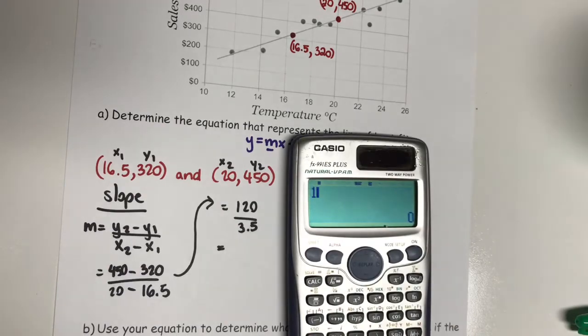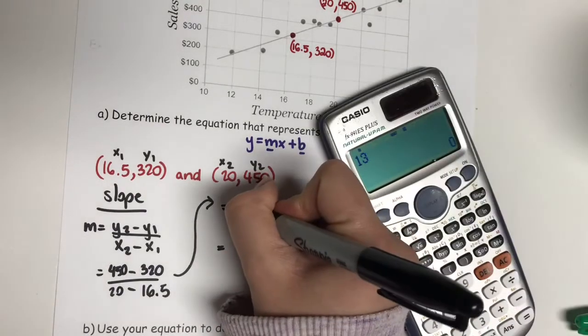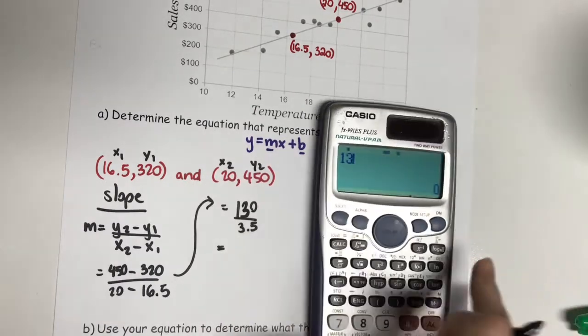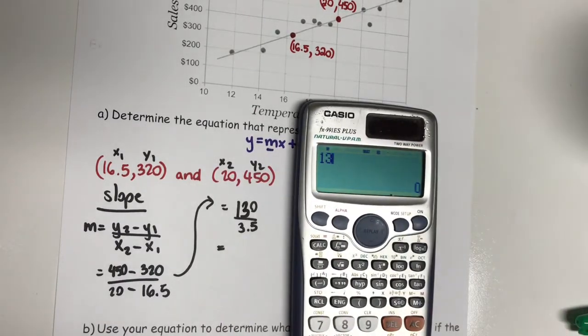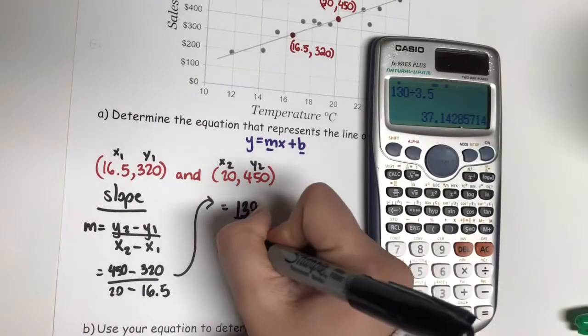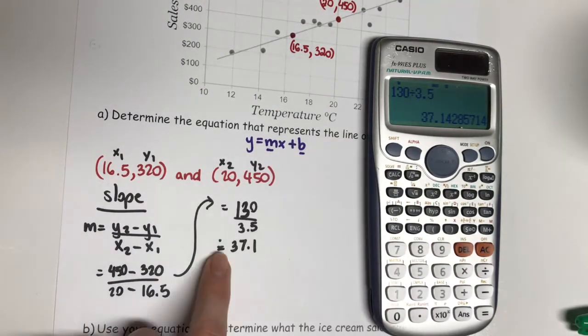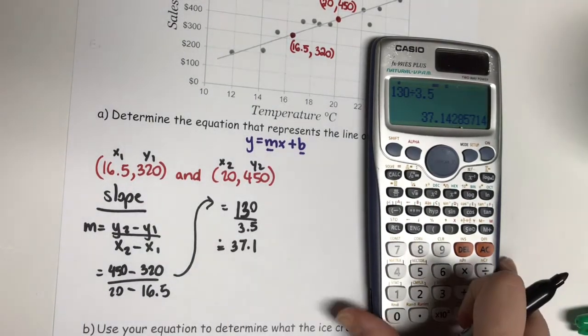So I'm going to enter, oh, this is actually supposed to be, my bad. 130 divided by 3.5 gives me 37.1. So that's my slope. That dot here means approximately 37.1.